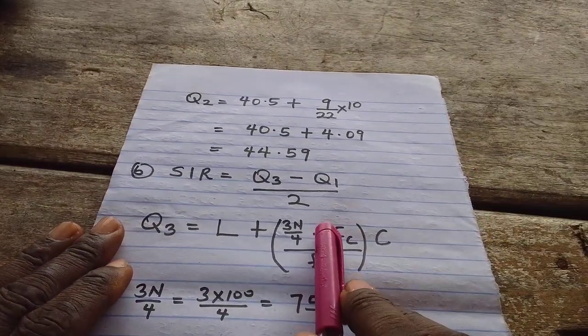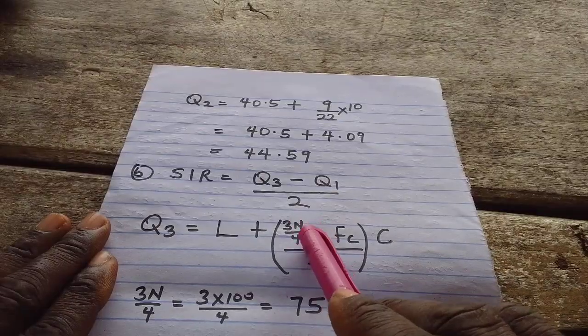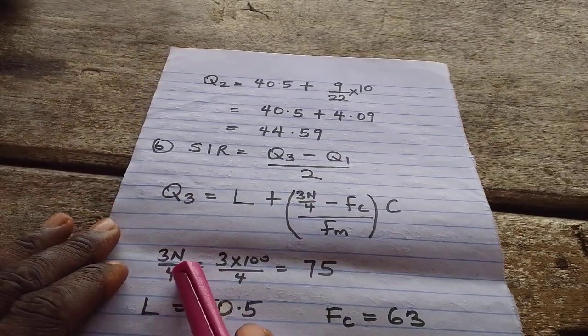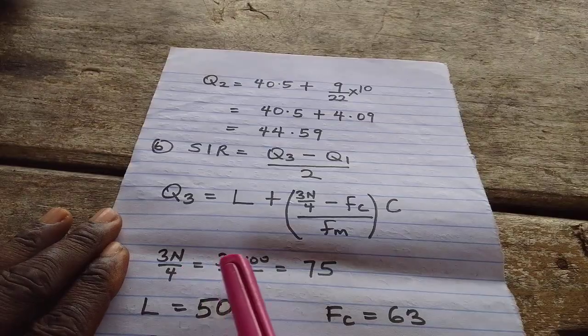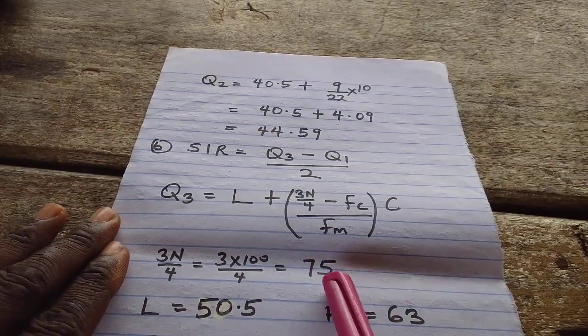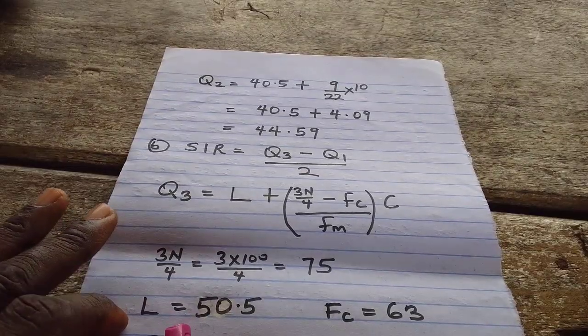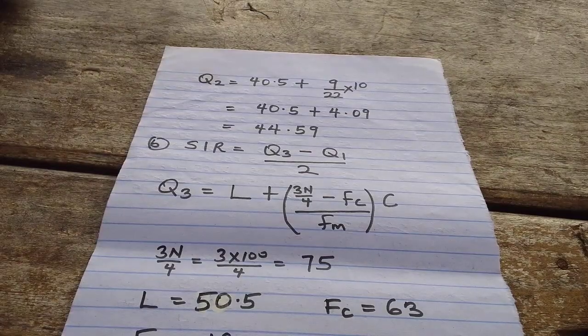To know where the third quartile is, you need to use this 3N over 4. So that is 3N, when your N is what? 100, the total frequency. 3 times 100 divided by 4 will give us 75. So also you need to know the value for your N.